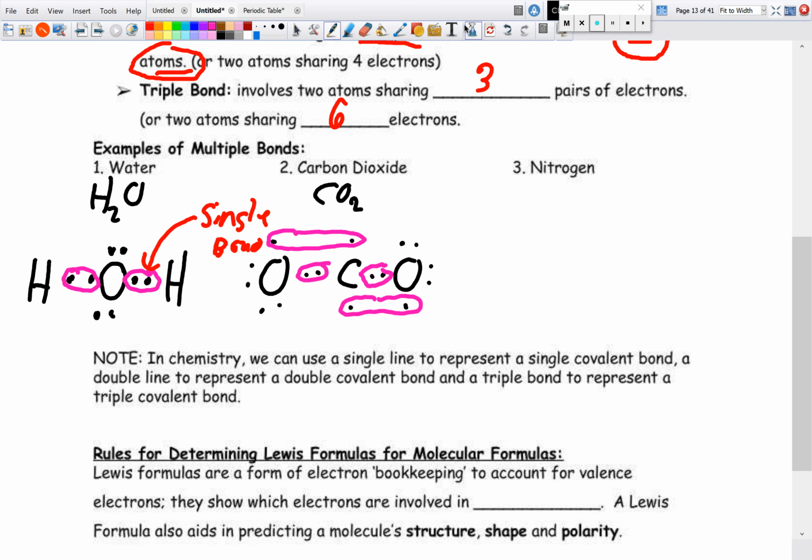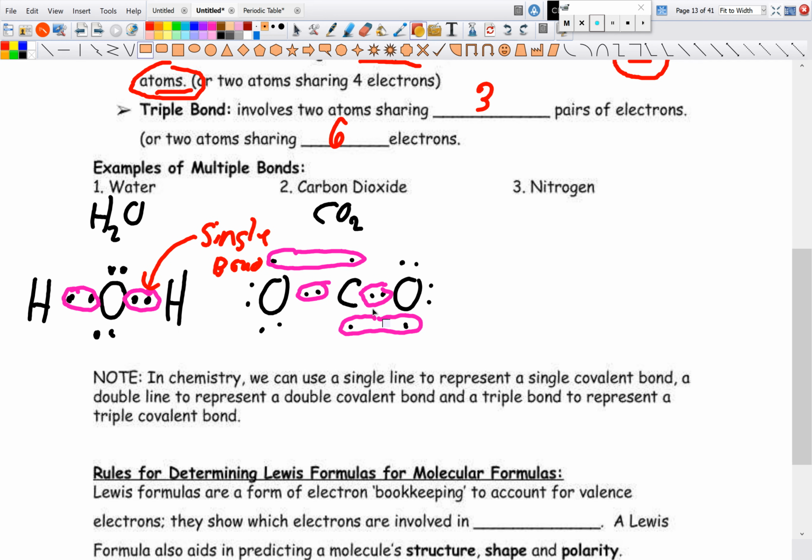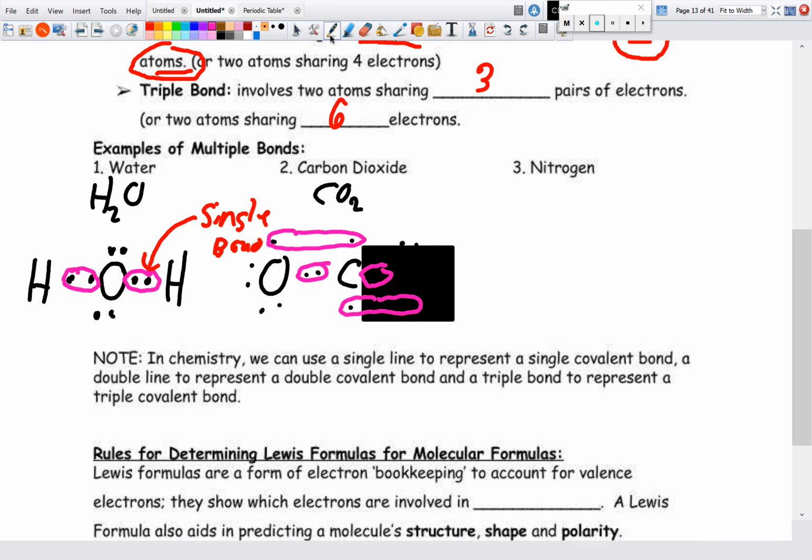Now, by taking the same logic we did last time, just imagine you're only looking at what happens between two atoms. So if I want to figure out what's happening between this oxygen and this carbon, I forget what's going on over here, so I cover this up and look at what's happening between these two atoms. We can see we have 1, 2 bonds, or 1, 2, 3, 4 electrons. So this right here is a double bond.